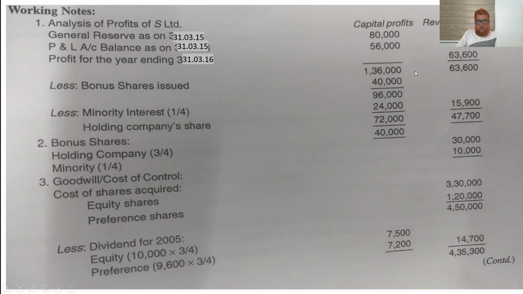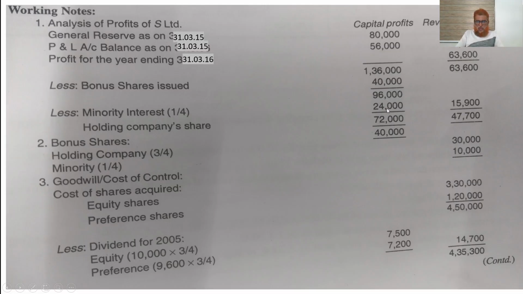So 1,36,000 and 63,600. Now from this capital profit, you have to deduct the bonus shares, 40,000. Balance is 96,000. Now we have to split this 96,000, capital profit of 96,000 and revenue profit of 63,600.